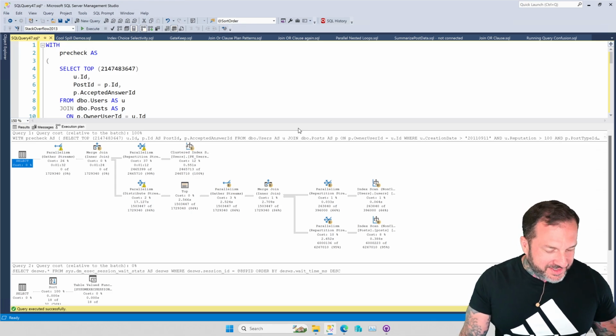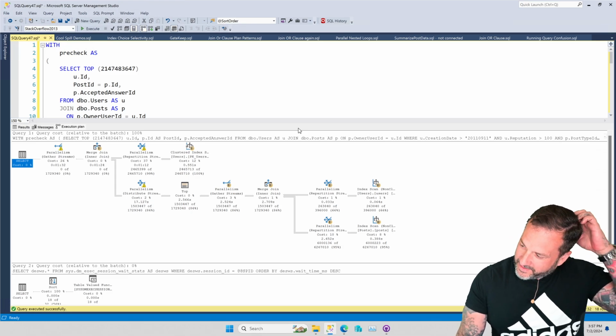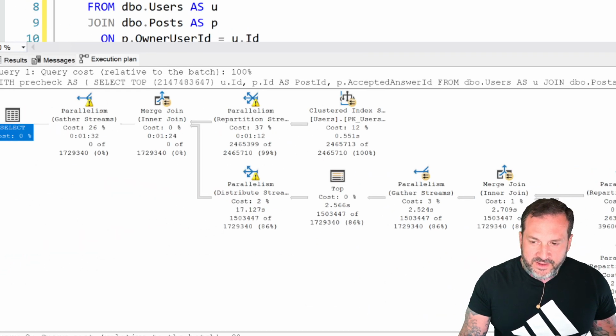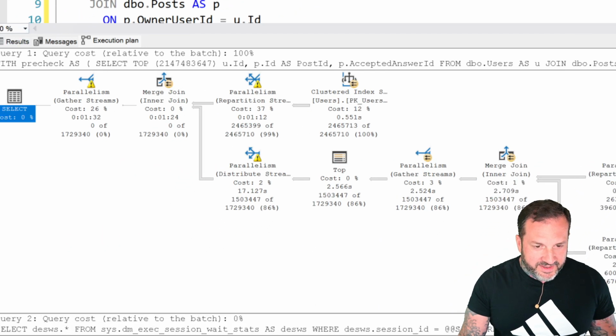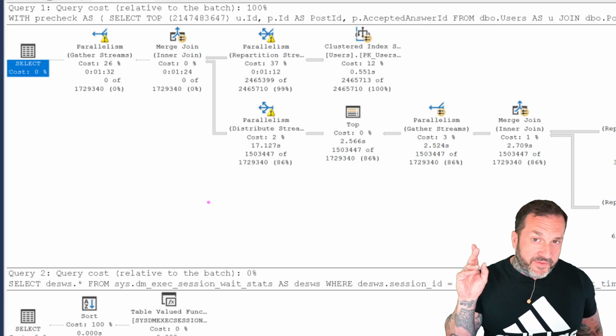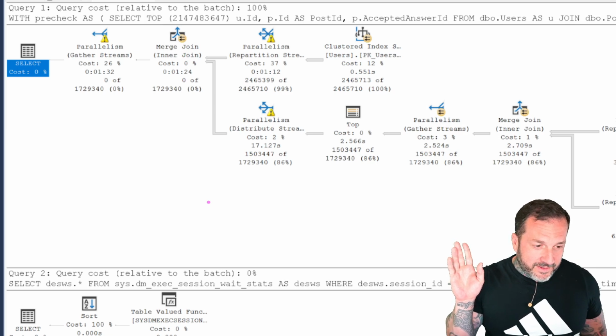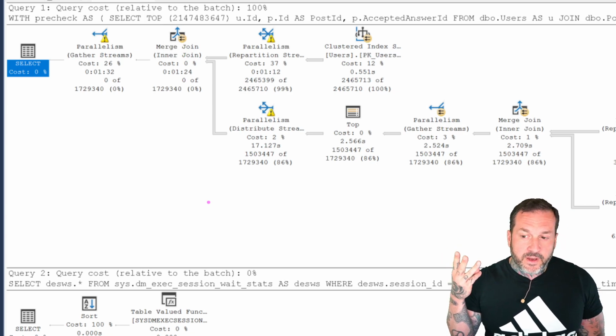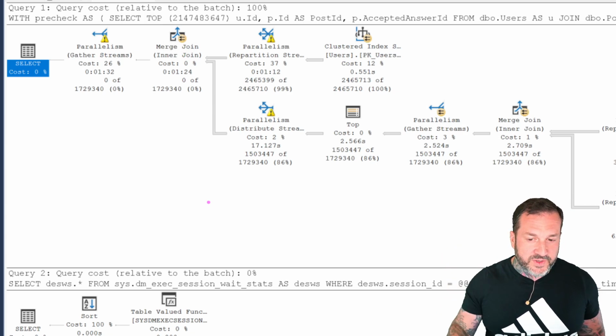Anyway, we're going to look at this parallel spill plan. Now, I want you to just take a moment to ponder the majesty of this magnificent pagan beast. Look at this thing. This is the trifecta, because I have spills on all three types of parallel exchange.